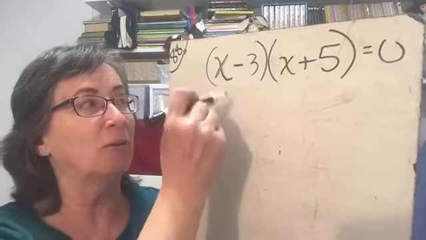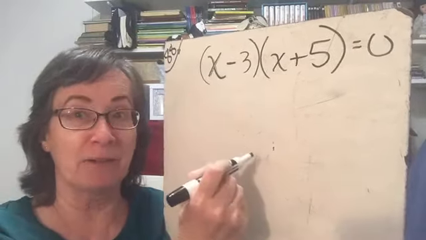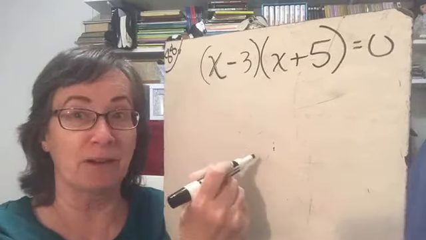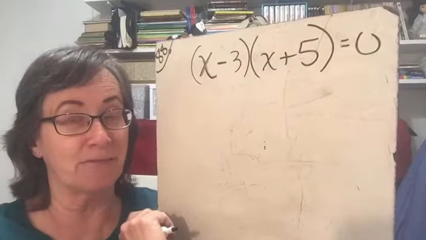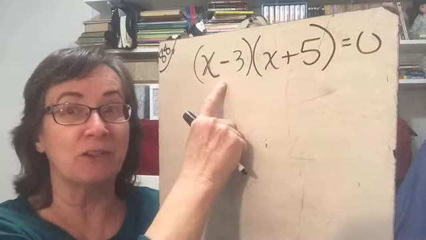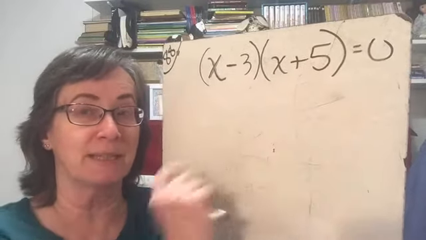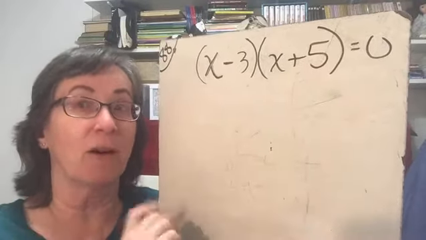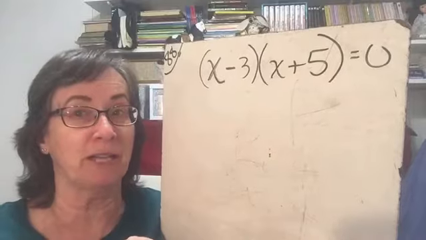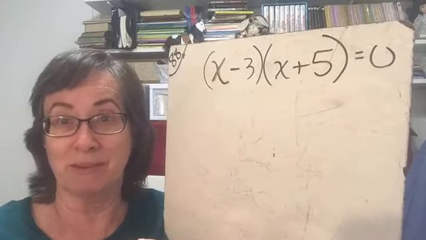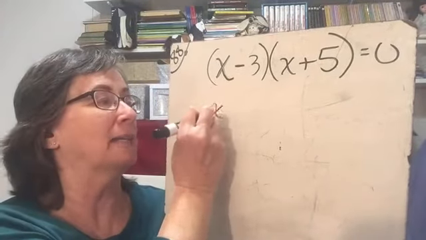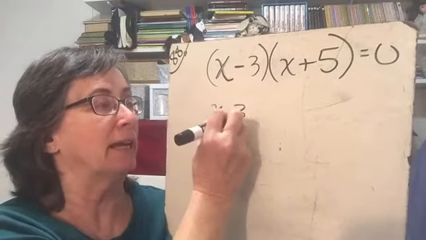And now, if I use my zero factor property, since this product equals 0, that means by the zero factor property that either this one is 0 or this one is 0, or they're both 0. In order to find every possible solution to the equation, we set them both equal to 0. So x minus 3 equals 0, and x plus 5 equals 0.